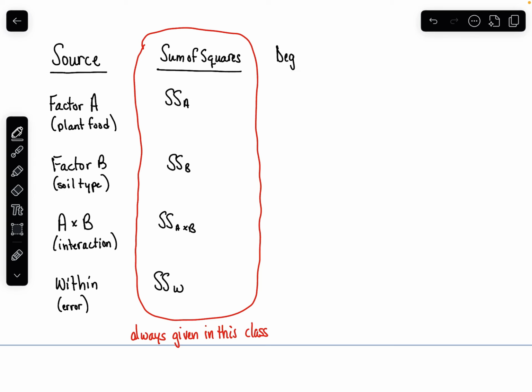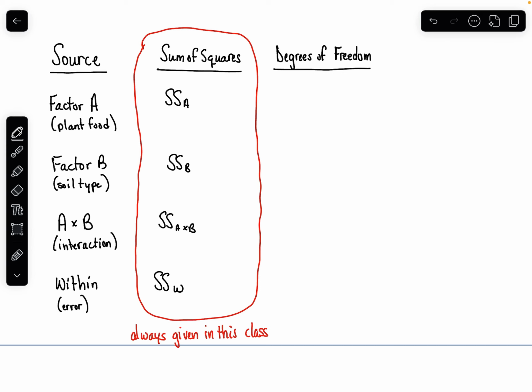The next column is going to be the degrees of freedom. So far, this setup should seem pretty familiar because it's the same basic setup that we used for doing a one-way ANOVA. We just see more rows in this table.